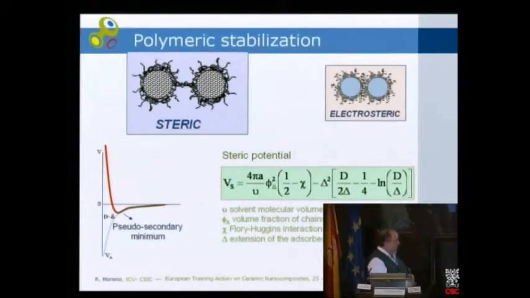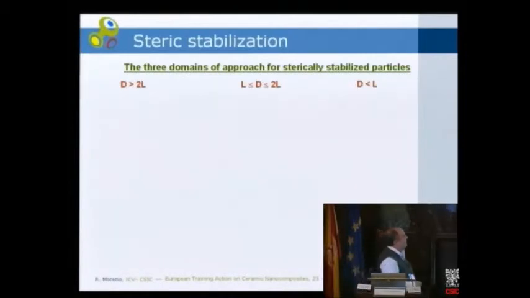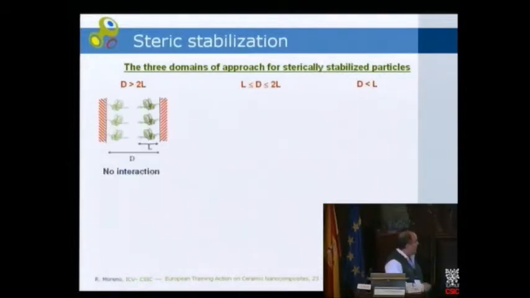We have also a way for quantifying more or less the total potential introduced by steric factors. The steric stabilization has been shown in general before, but what I want to say here are the recent models for the steric stabilization, considering the three domains approach of Napier, in which if the two particles with the attached polymer are far apart, there is no interaction, so nothing happens.